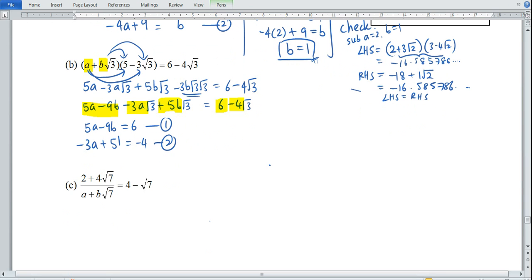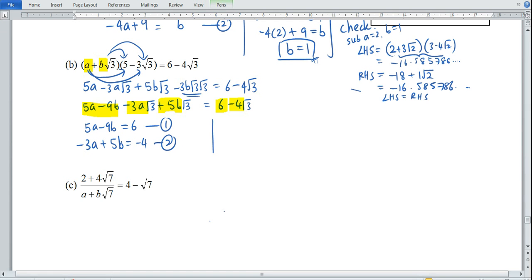The next thing is, of course, to solve these simultaneous equations to get A and B. Sorry, there's an error here. If I were to solve these equations, you can use different methods. I'm going to use the substitution method here.